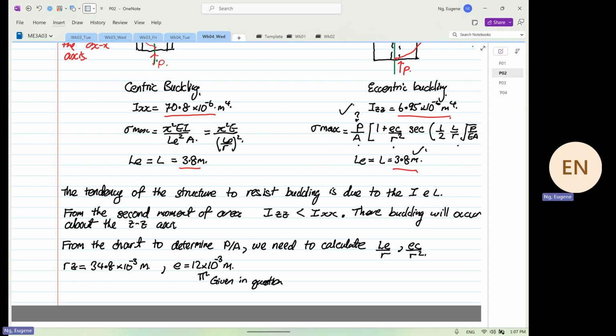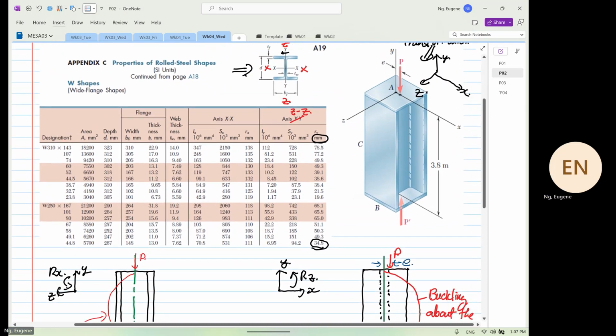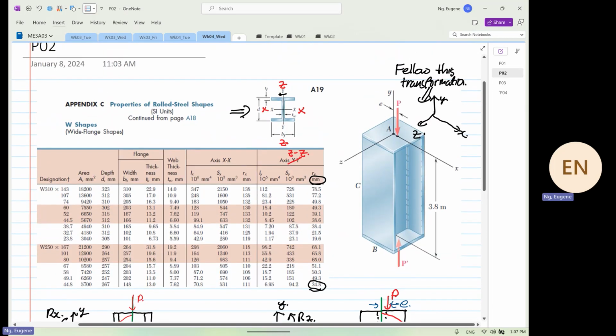The next thing we have to be careful about, where a lot of students, including myself, will make mistakes, is this C value. What is this C value? Coming back to here, the axis of interest is what? The axis of interest is this axis over here.